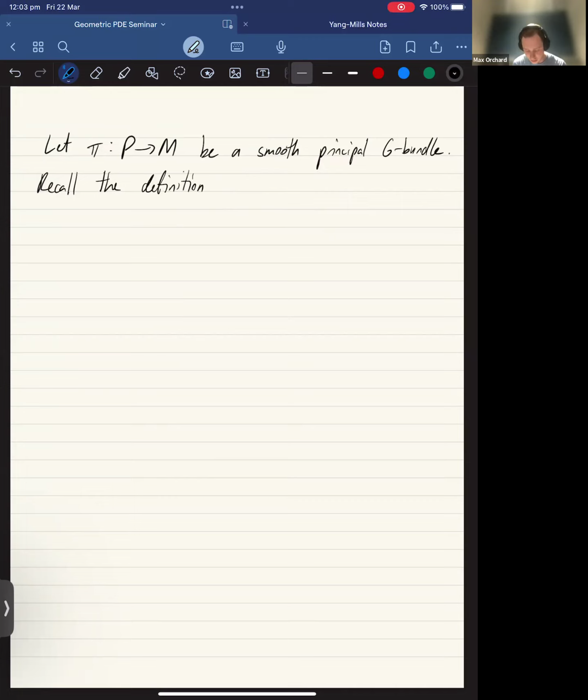So when we want to talk about connections, there's a few different things that we have to consider.